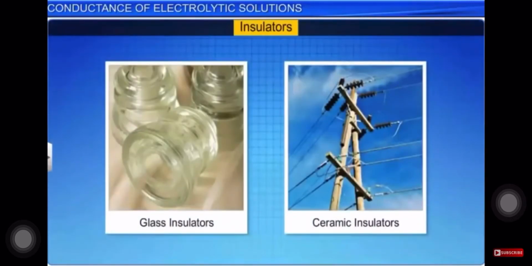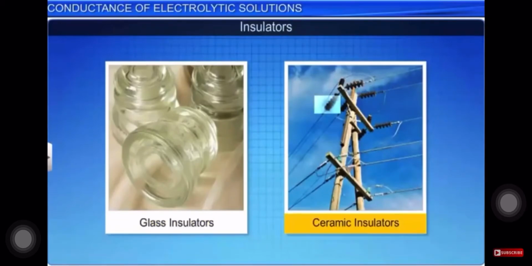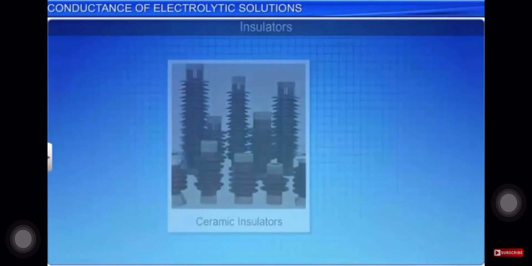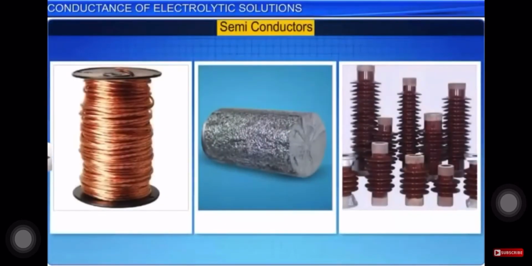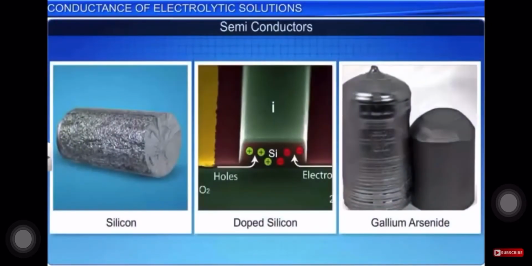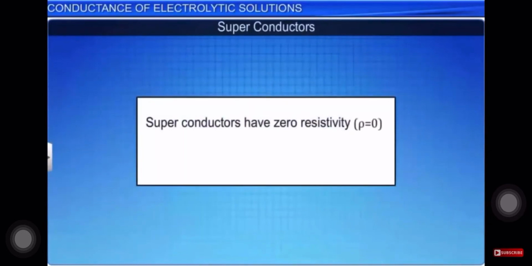Now here come the examples of insulators, that is glass insulator, ceramic insulator. These ceramic insulators are very much useful these days for the prevention of things. These are the semiconductors: silicon, doped silicon and gallium arsenide. I think you don't need to go into more detail about semiconductors, because that is already explained in the previous lecture, or we can say in the previous unit also.